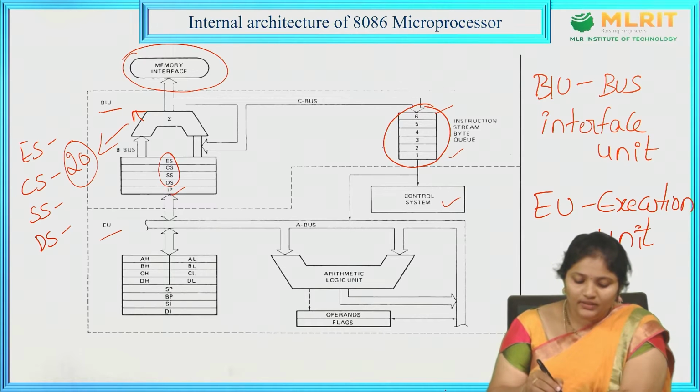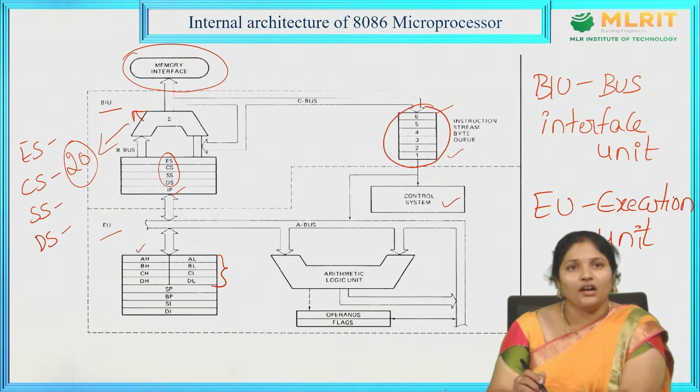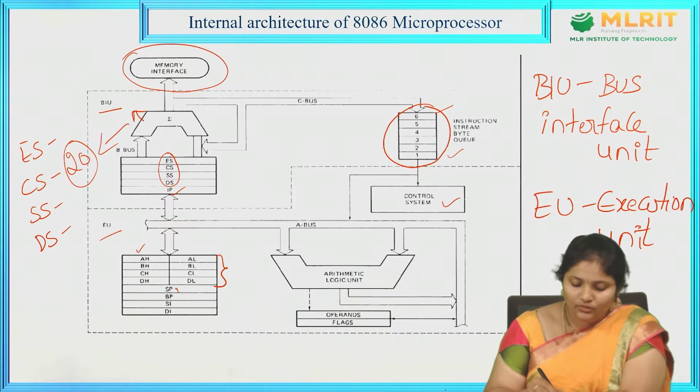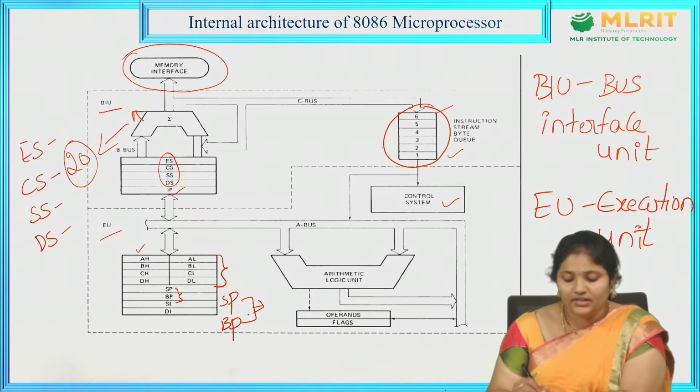Here these are the general purpose registers. These four registers are general purpose registers, used to hold the data or to perform any storing operations. These two registers, SP and BP, are the stack pointer and base pointer registers, particularly used to store the offset address for the segment registers.